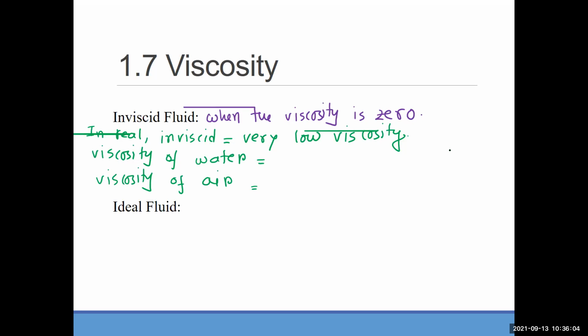And when I say viscosity, it's the dynamic viscosity, not the kinematic one. From Appendix A, 1 times 10 to the power minus 3. Can you tell me the temperature? 20 or 25 degrees? 20? Okay.